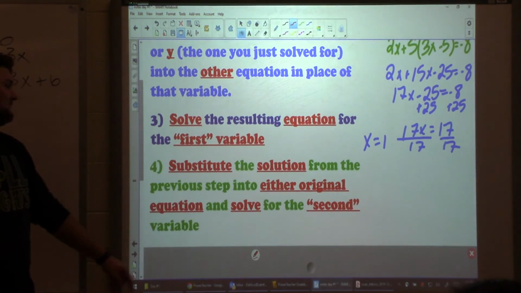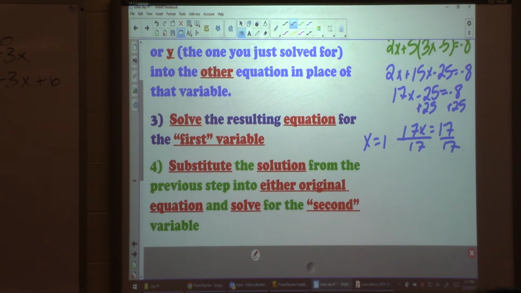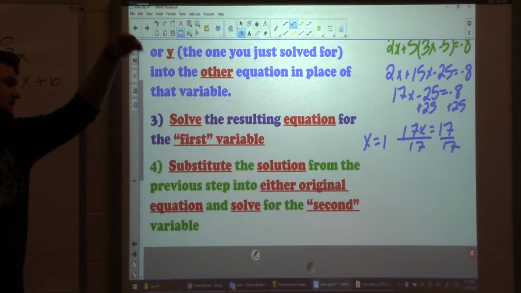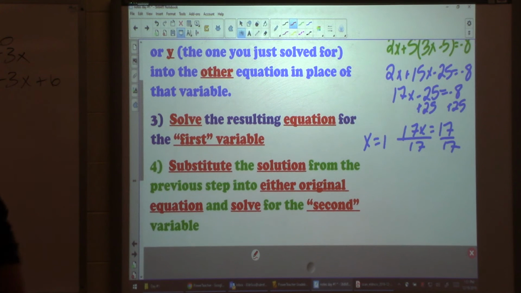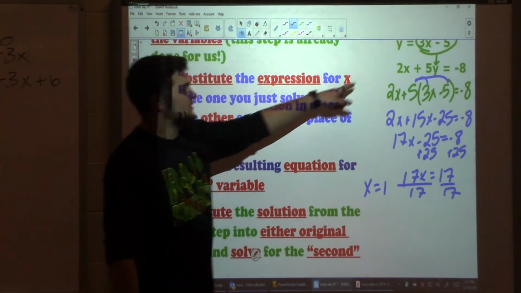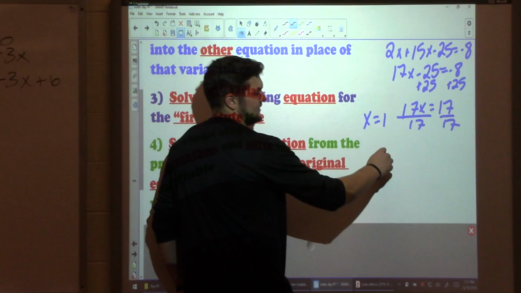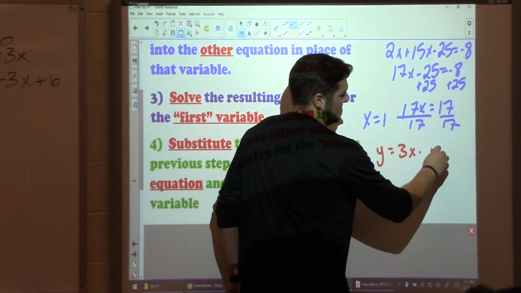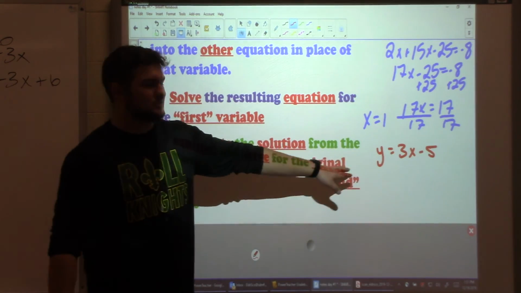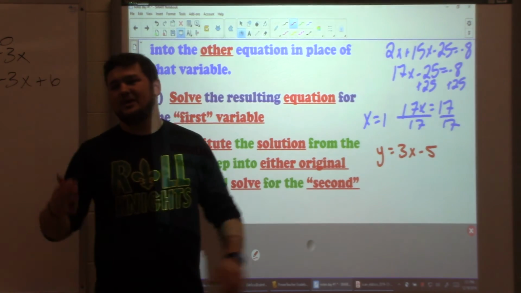Step 4: substitute the solution from the previous step into either original equation. Solve for the second variable. Do you want to use the top or bottom equation? Top. Alright, so y equals 3x minus 5. I would probably always use the one that's already equal to the other variable, so you don't have to do any solving afterwards.